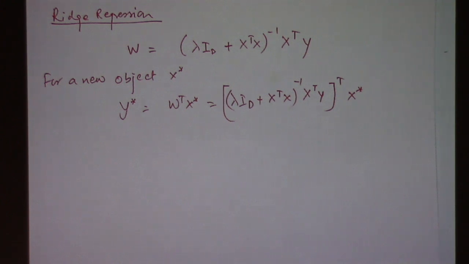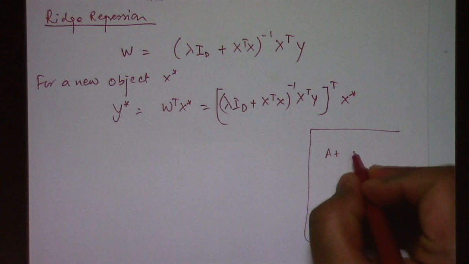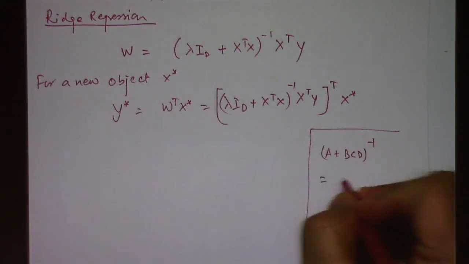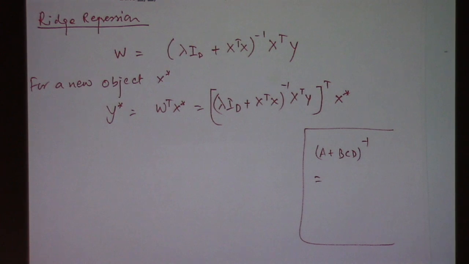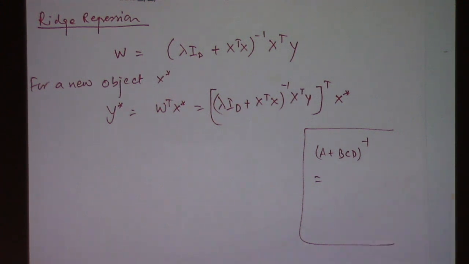Basically it says that if you have some expression like A plus BCD inverse, you can rearrange it in a certain other way. The reason it helps in mathematics is that instead of doing matrix multiplications in one way, you can do it in a slightly different way. So look up this Sherman-Morrison-Woodbury formula. You can find it in any math book.